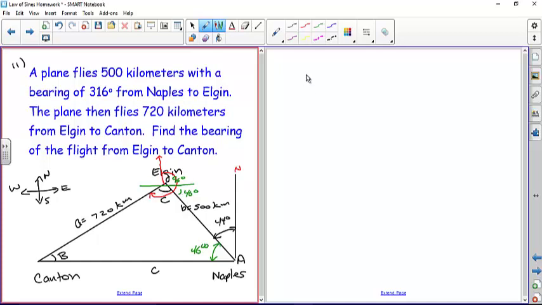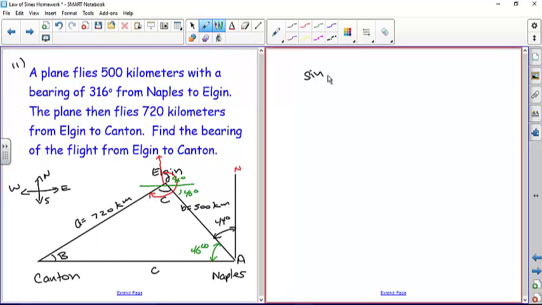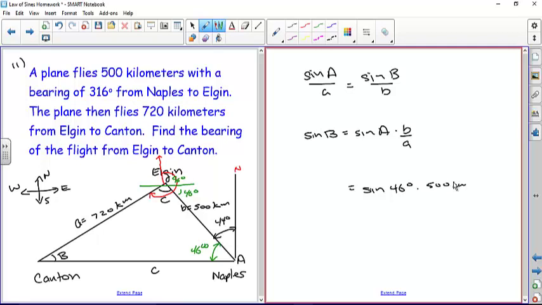So let's do that. So law of sines says the sine of A over the length A is the sine of B over the length B. And the thing we're trying to figure out is angle B. So we'd say the sine of B is equal to the sine of A times B over A. And so we get the sine of 46 degrees times B, which is 500 kilometers, divided by A, which is 720 kilometers.